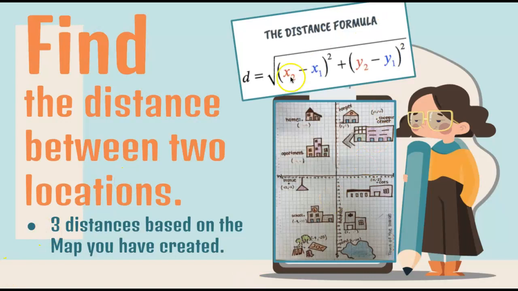So again, here's the distance formula. This is the map that we created a while ago. I'm going to ask all of you to find at least 3 distances from the map that you have, this time using the distance formula, not the horizontal or the vertical distance. Next time we're going to find a distance using the Pythagorean theorem.